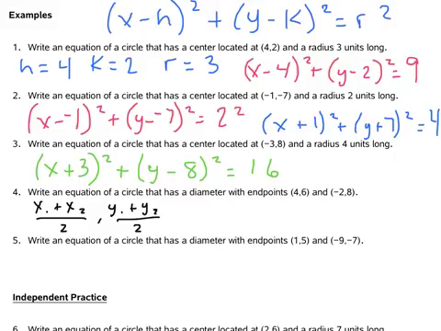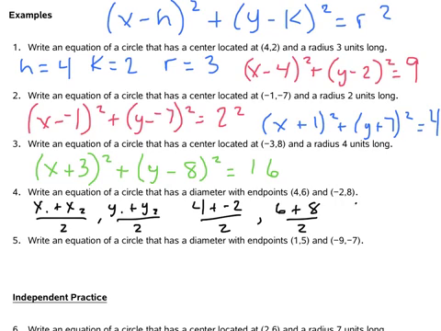Alright, so if I plug that in, I have 4 plus negative 2 over 2, and 6 plus 8 over 2.